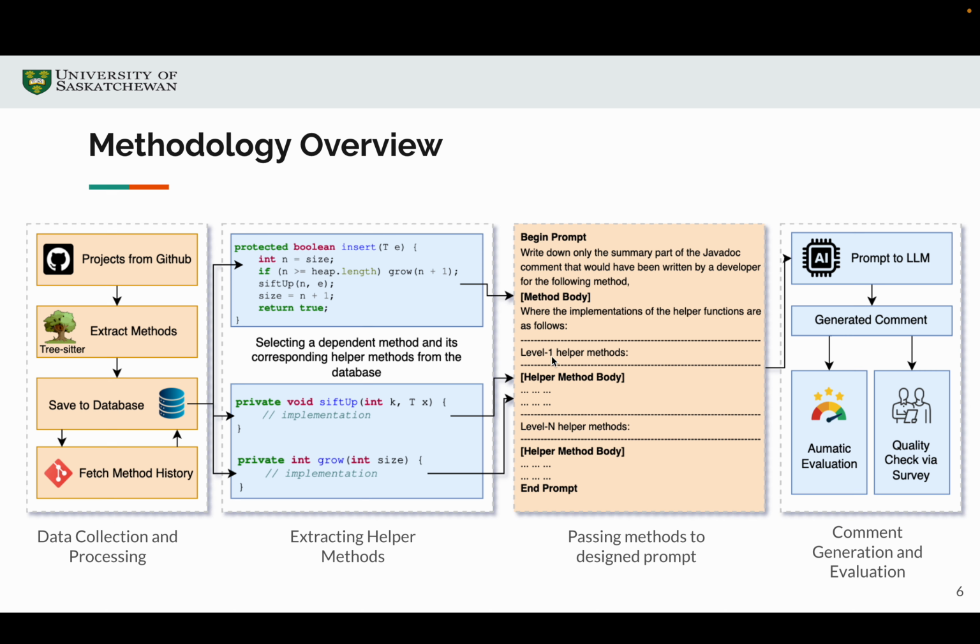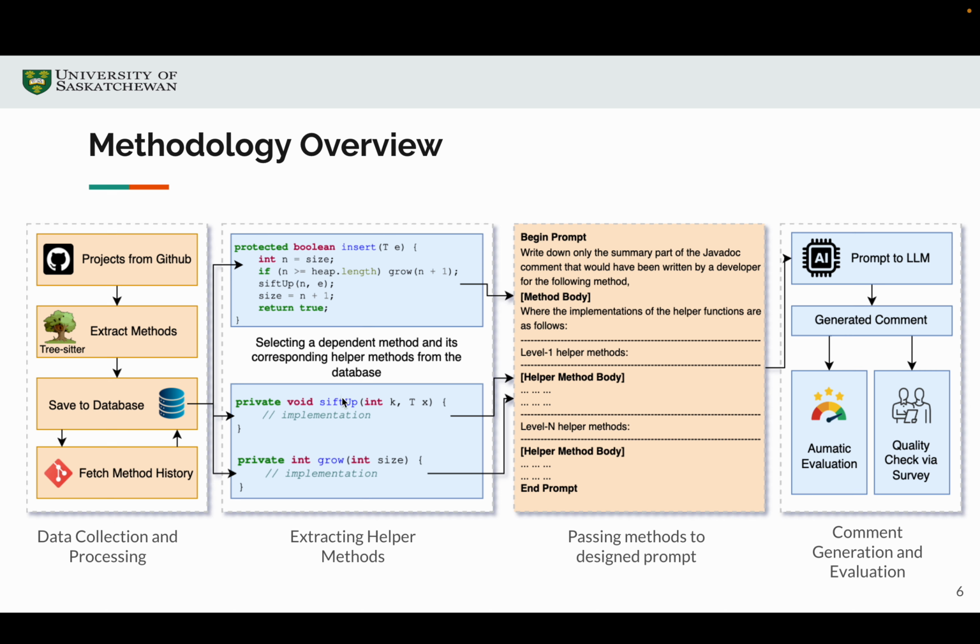And you can also see there are levels, like level 1 helper methods to level n helper methods. By level we mean immediate: for the insert function, grow and shiftUp are level 1 helpers because they are insert's immediate helpers. And what will be the level 2 helper methods?